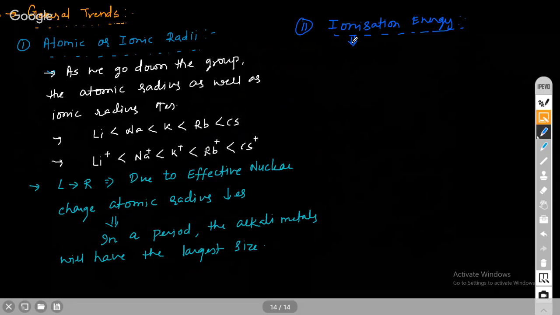It is the amount of energy required to remove an electron from the outermost shell of an isolated gaseous atom.